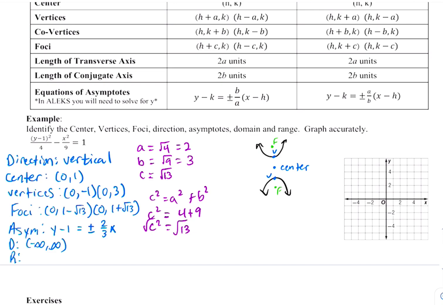And then our range is going to be in 2 pieces. So we always start with the negative part first. So from this piece, this is going towards negative infinity. And then our highest y value is at this vertice, which is going to be negative 1. So this will be negative infinity to 1, or, so we connect them with that U shape.